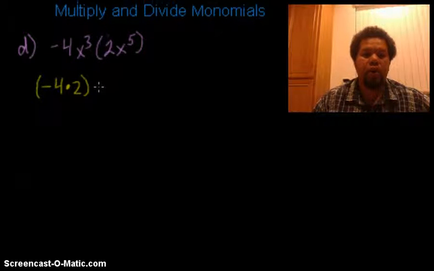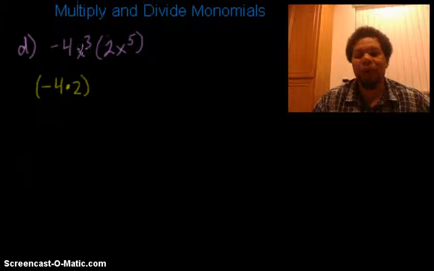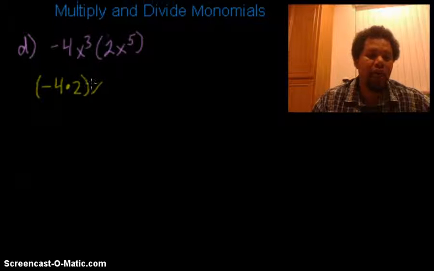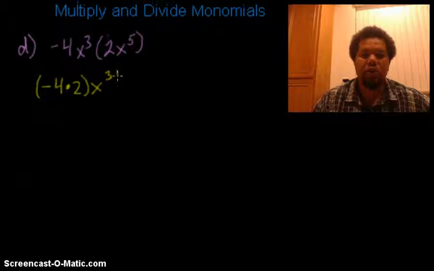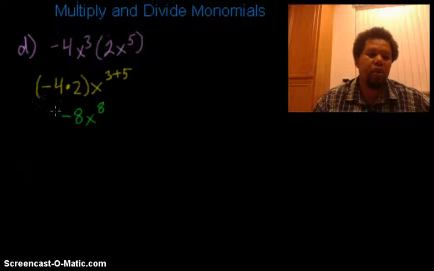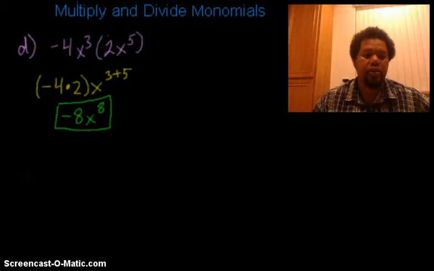And we're going to take the base of x, since the x is the one with the variable, and we're going to add the exponents like we've done before. So the 3 plus the 5. Okay, so as a result, we end up with negative 8 x to the 8th. There we go. And that is our answer.